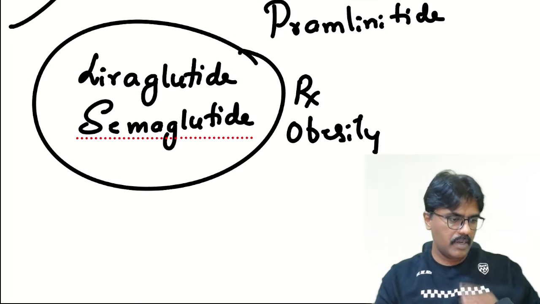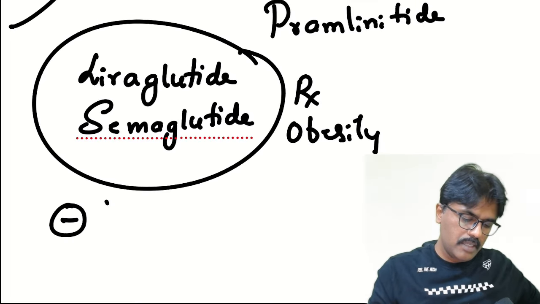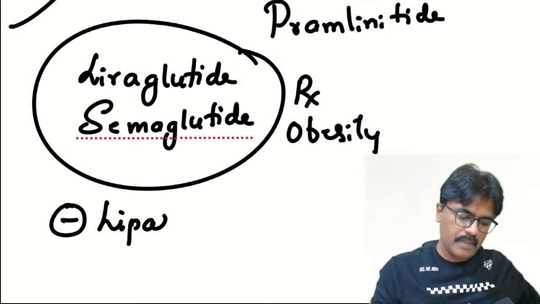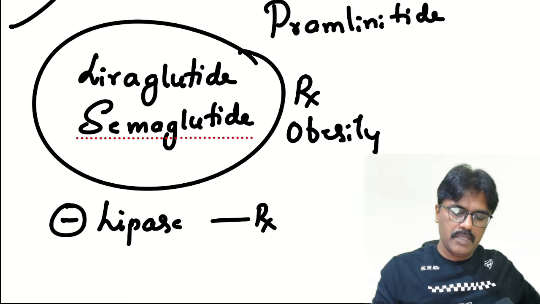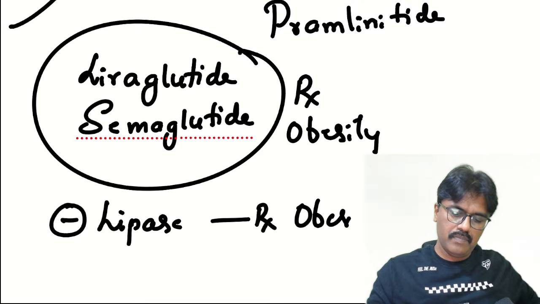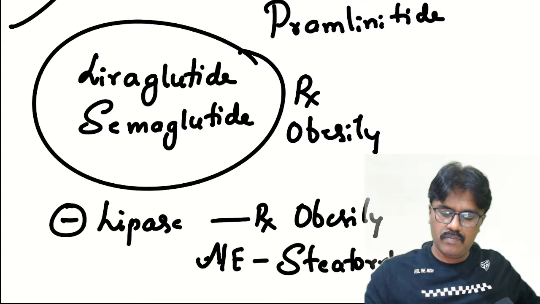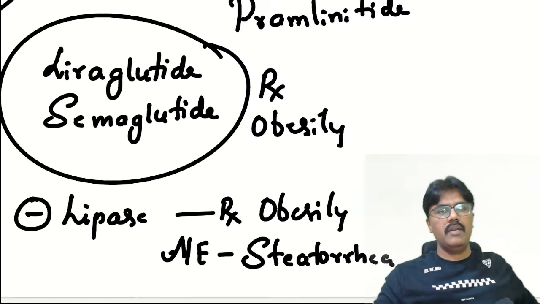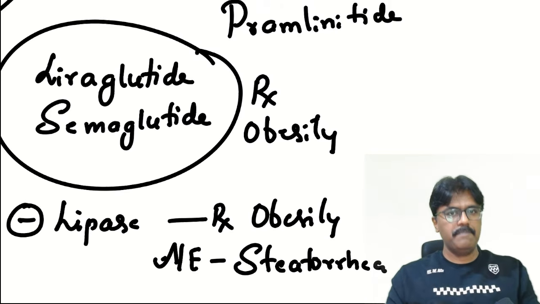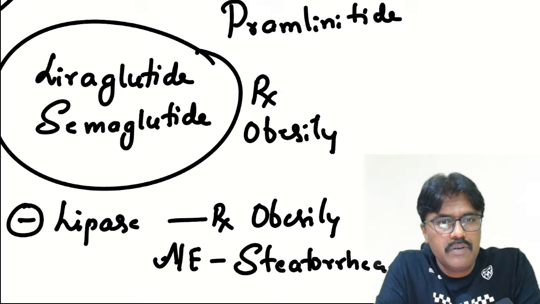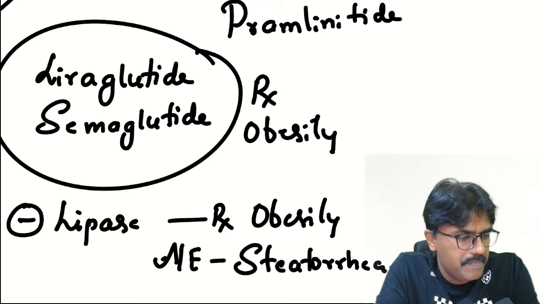Now tell me in the comment section, what drug inhibits the enzyme lipase? It is used for obesity, but the adverse effect it causes is steatorrhea. Can you tell me the name of a drug used in obesity which can cause steatorrhea and inhibits the enzyme lipase?